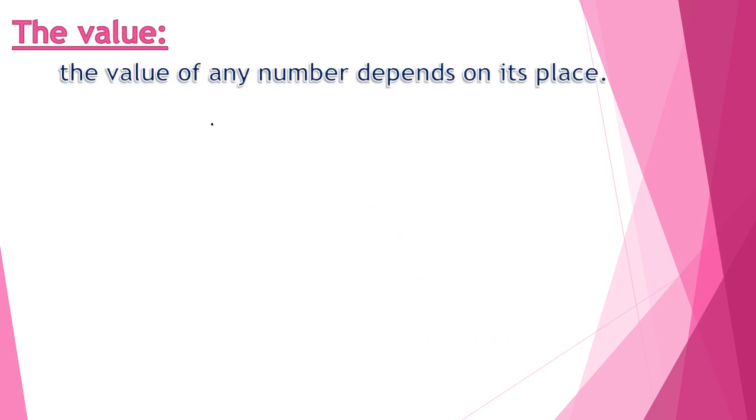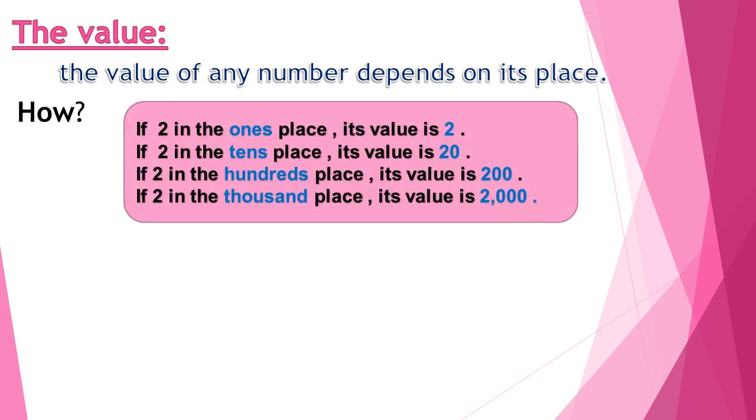Now we will talk about the value. The value of any number depends on its place. How? If 2 in the ones place, its value is 2. If 2 in the tens place, its value is 20. In the tens place, we put 1, 0.